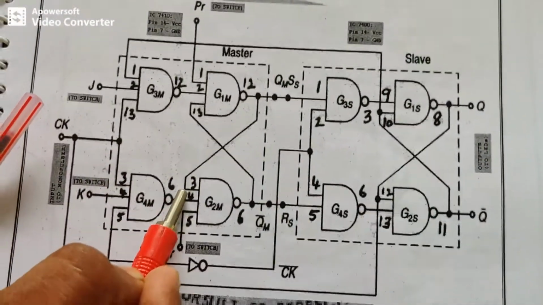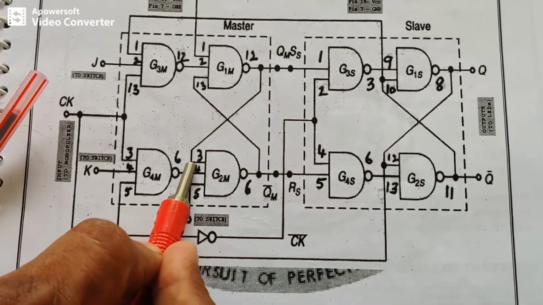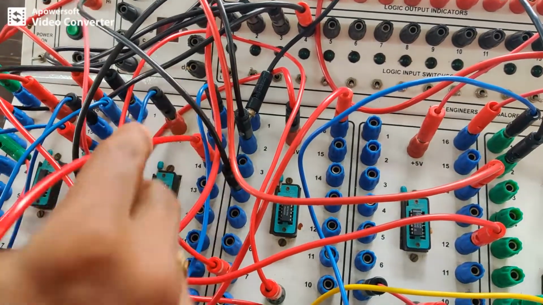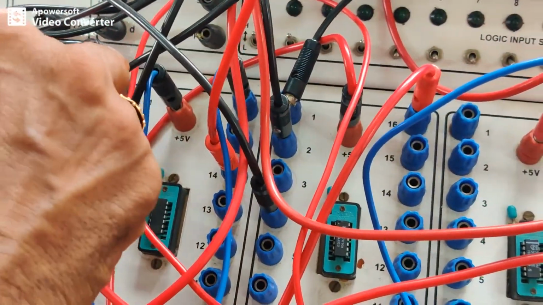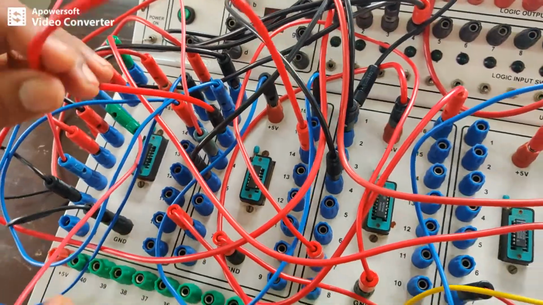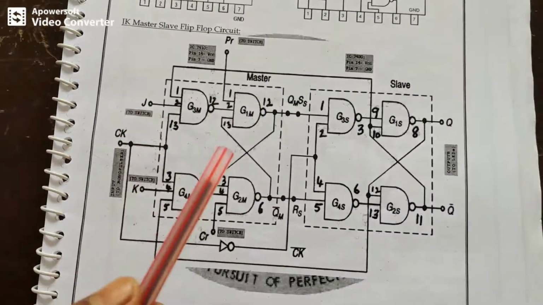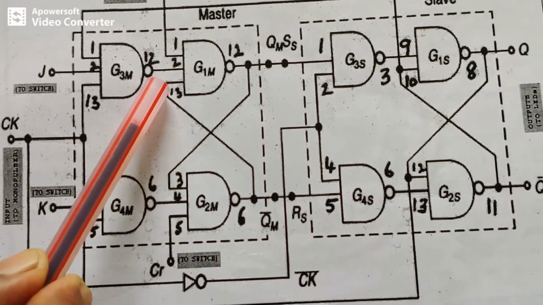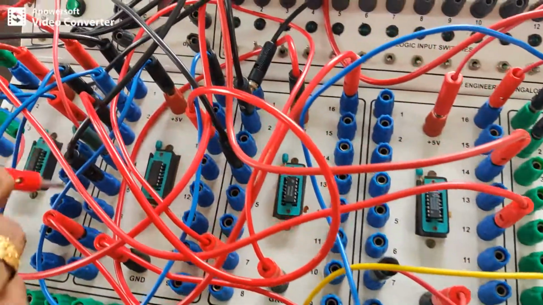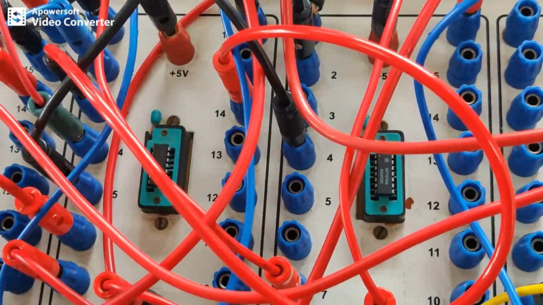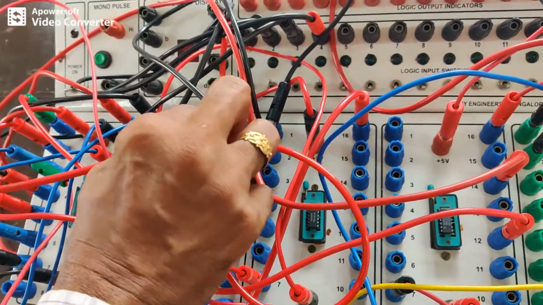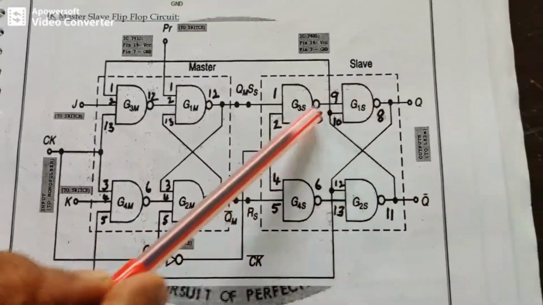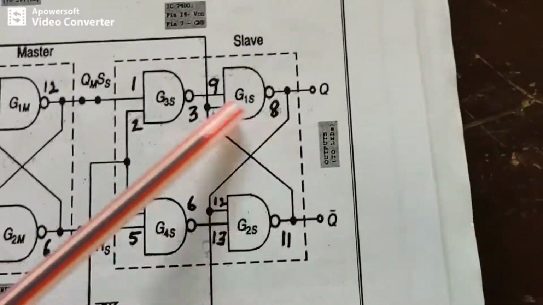Similarly, pin number 6 of the second IC goes to pin number 13. So 6 goes to pin number 13.